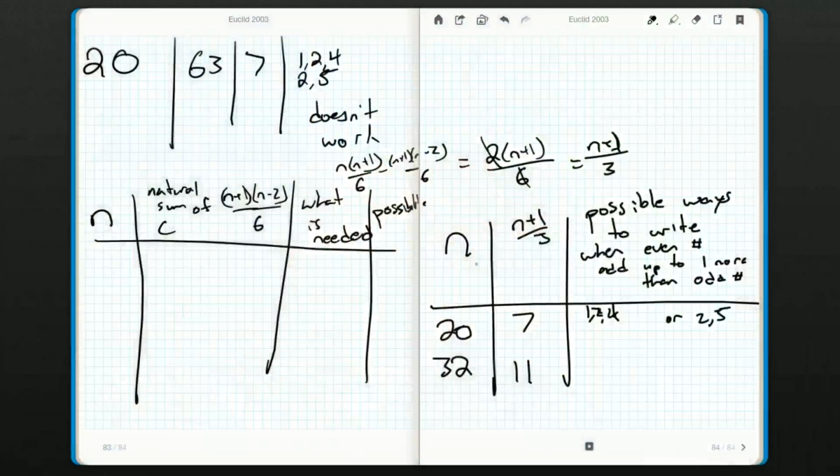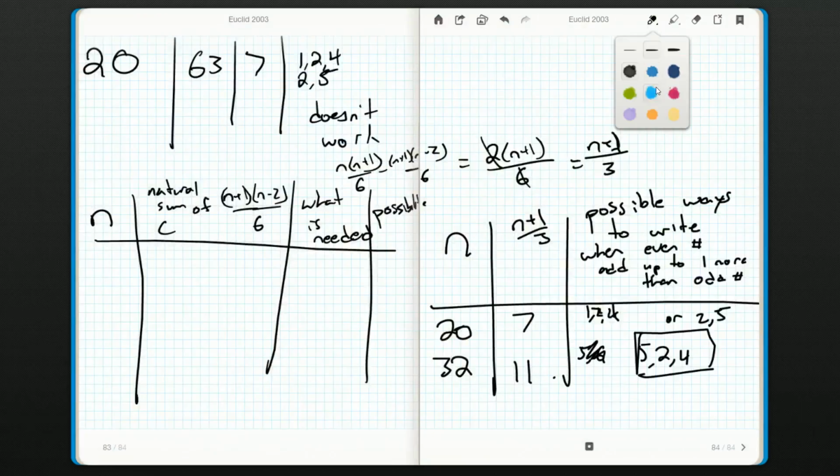That's the idea. That's what we need here. So we can have 5 and 6, but that doesn't work. Why? Because 6 is a multiple of 3, so it's out. We could have 5, 2, and 4, and that works. So 32 is savage. Great.